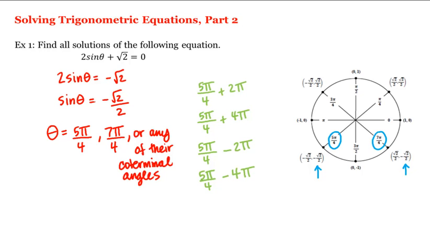And we write that in the following way. Theta is equal to 5 pi divided by 4 plus 2k pi, where k is an element of Z. Where this notation here means k is an integer.